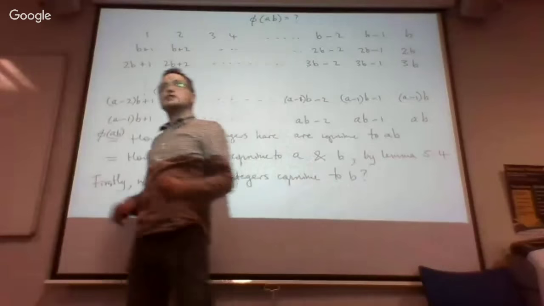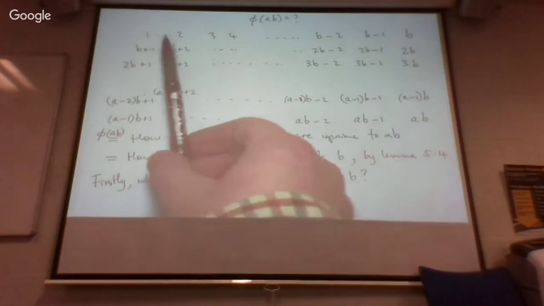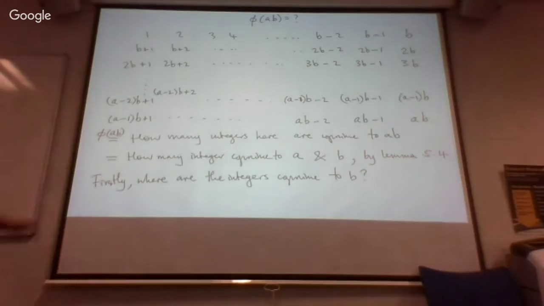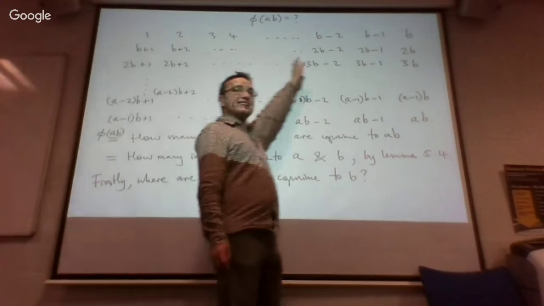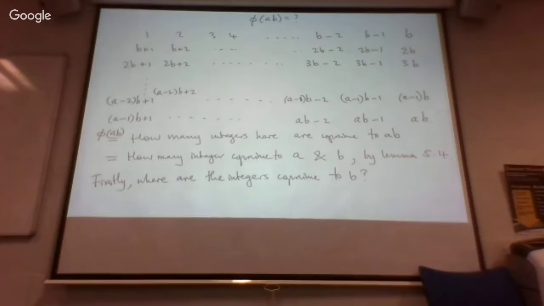So when you look down a particular column, everything in there is in the same congruence class modulo B. Now across the top, we've got the integers between 1 and B. So how many of those are coprime to B? Well, we know that there's phi of B of them.